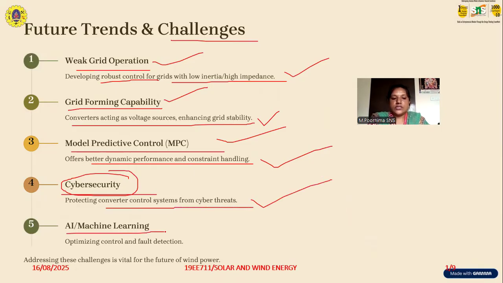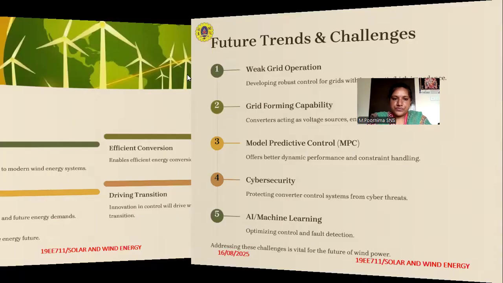And AI and machine learning, for optimized control and fault detection, is future research. These challenges are vital for the future of wind turbines. These are the future trends and challenges we are going to face in the upcoming years.